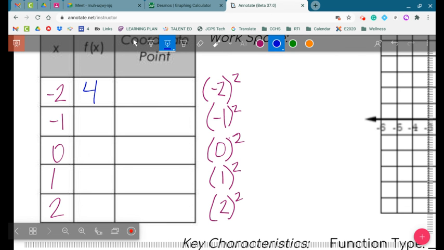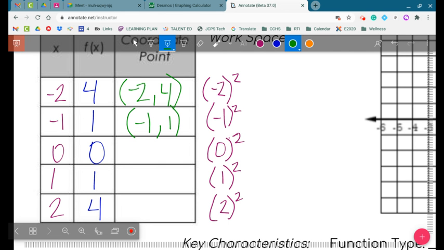So this is going to give us 4, 1, 0, 1, 4. So our ordered pairs are going to be -2, 4, -1, 1, 0, 0, 1, 1, and 2, 4.